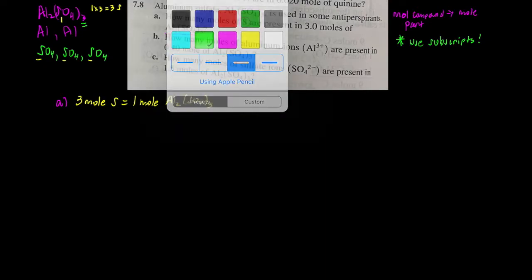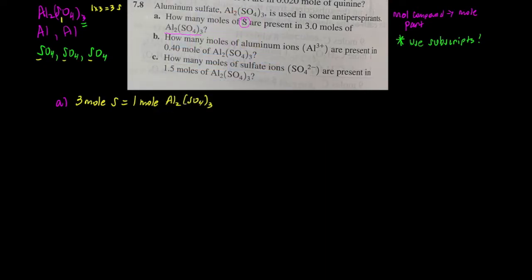Then what we do is we set up the conversion. So we're starting with 3 moles of aluminium sulfate. Okay, and we create our fraction bar. And on the bottom of this fraction, we want moles of aluminium sulfate.